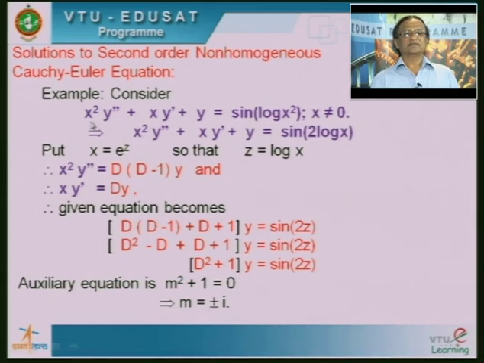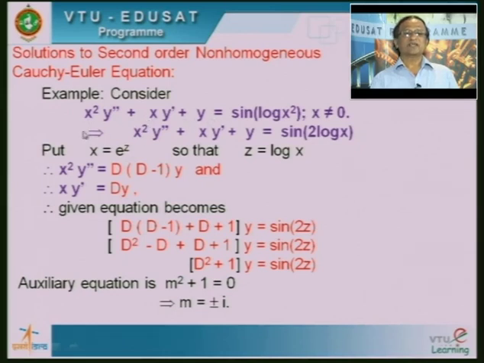You can verify the power of x is 2 with d square y upon dx square, x into dy by dx, plus some constant into y is equal to a function of x. It means when we compare this equation with the general Cauchy linear equation, both are same or similar. I can say that this is a Cauchy-Euler equation.